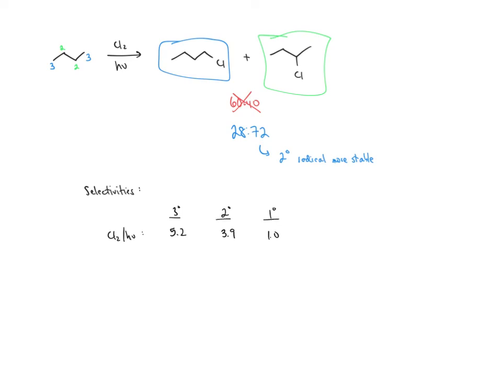So if you have secondary, primary, and tertiary centers in your molecule, you will chlorinate those positions in those ratios. But look what happens with bromine and light. For bromine and light, it's much, much more selective.